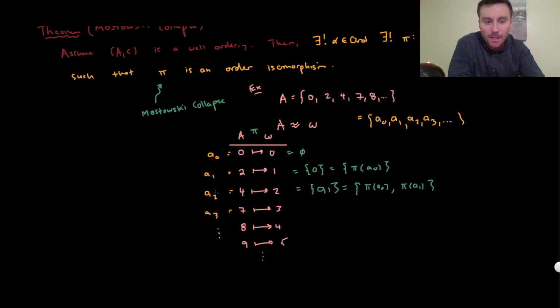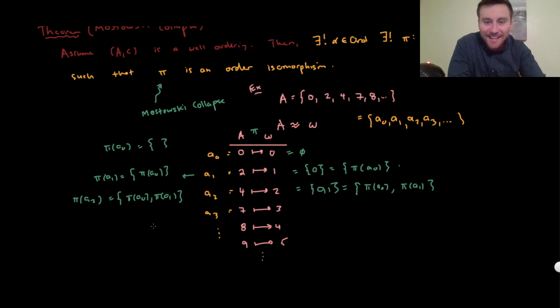What's the conclusion from this first piece? Pi of A1 is actually the set {pi of A0}. And then pi of A2 is really the set {pi of A0, pi of A1}. And pi of A0 is just the empty set.